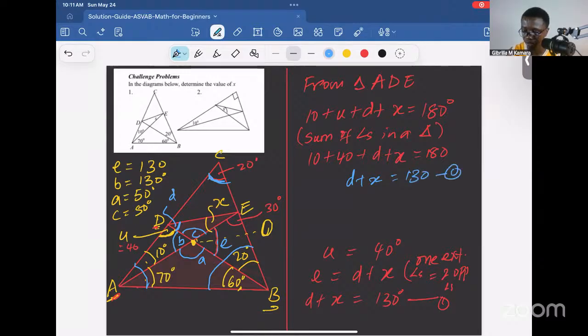And if equation 1 and equation 2 are both the same, then we end up having nothing. So it has no solution, which should not be the case.